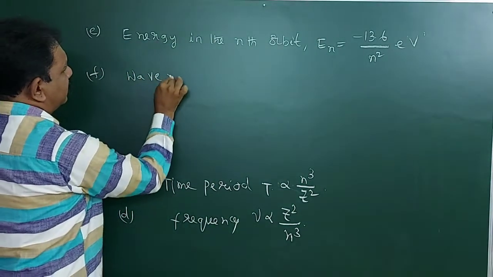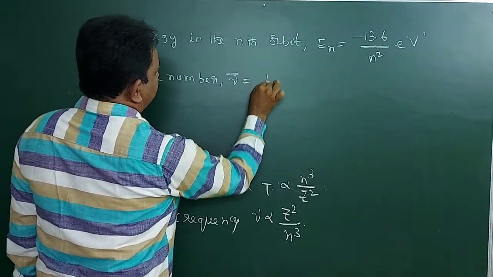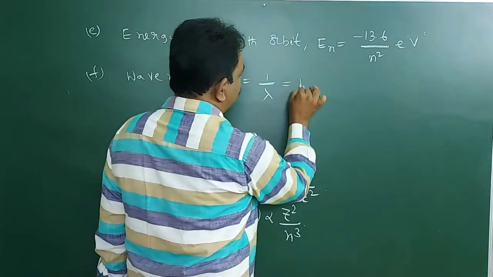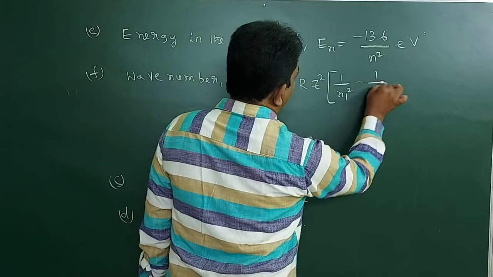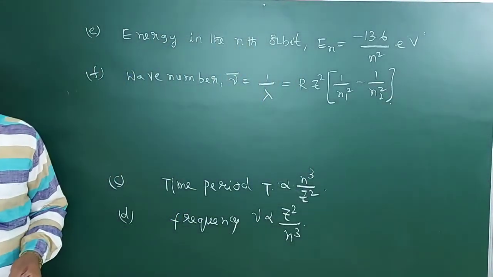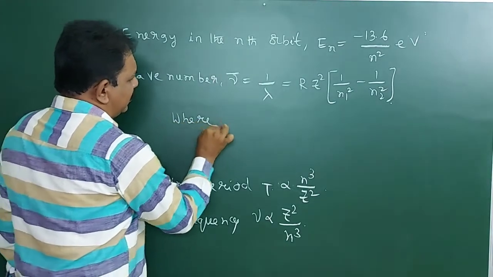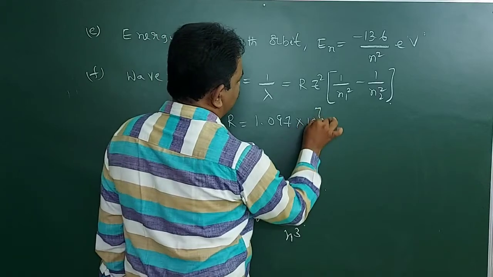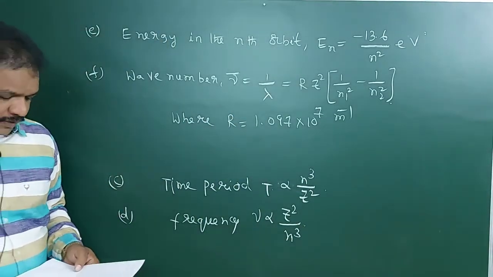Wave number: nu bar is equal to 1 by lambda, that is equal to R Z square into (1 by n1 square minus 1 by n2 square), where R is the Rydberg constant, R value 1.097 into 10 power 7 meter inverse.